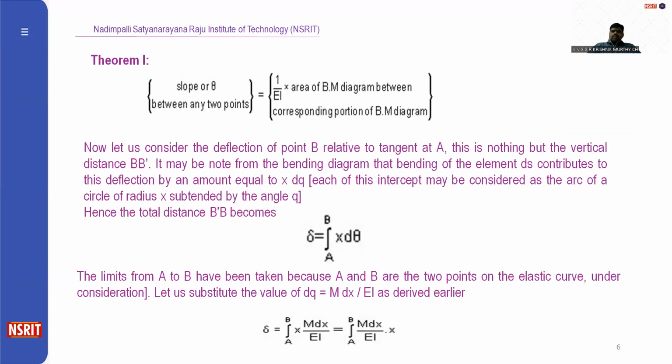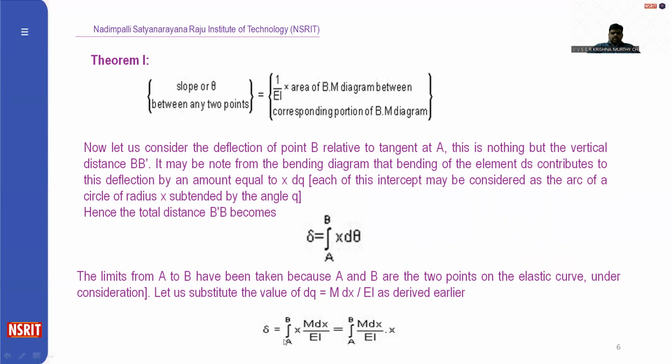The element we are considering is small, and ds contributes to the deflection an amount equal to x into d theta. So the deflection delta is equal to the total from A to B of x into d theta. The limits A to B are taken because we are considering between 2 points A and B on the elastic curve. So d theta can be written as M dx by EI.